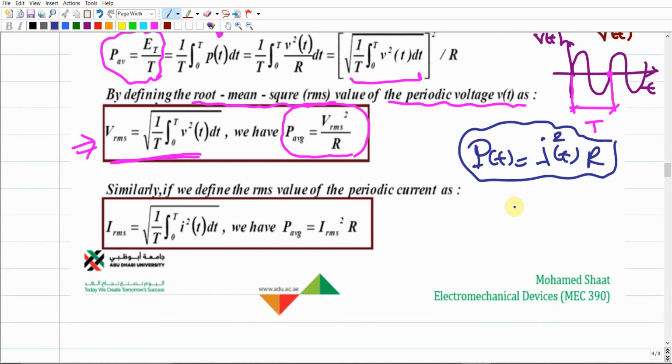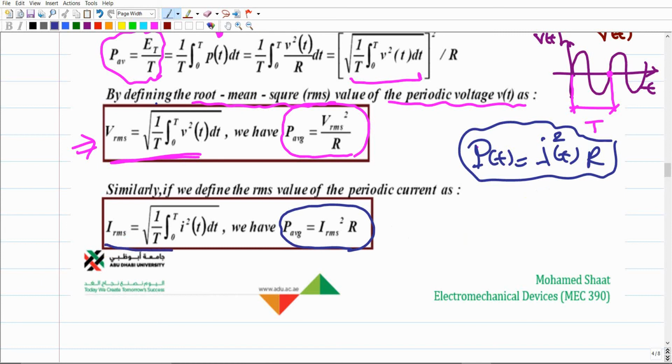If you would like to describe the average power, and we do the same procedure and the same analysis, we end up with a very similar equation for the average power: I squared R, where this I squared is the root mean square of the current function given to us.